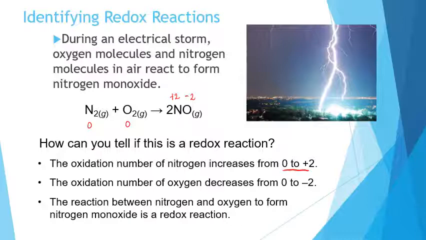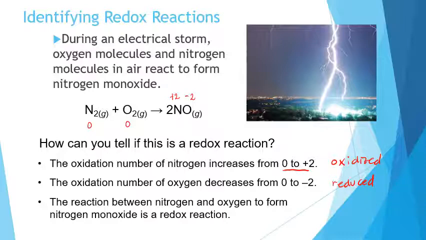When the oxidation number increases, that means that substance is being oxidized. When the oxidation number of oxygen decreases from 0 to -2, the substance is said to be reduced.